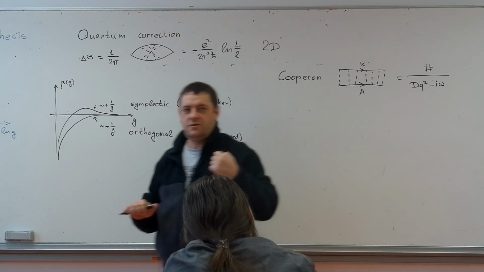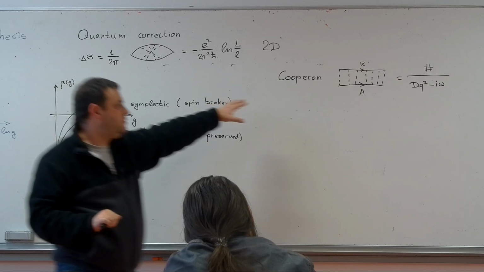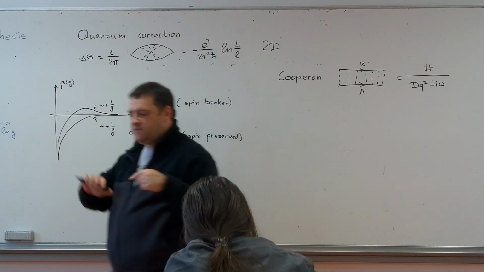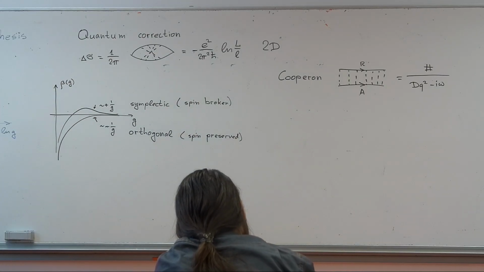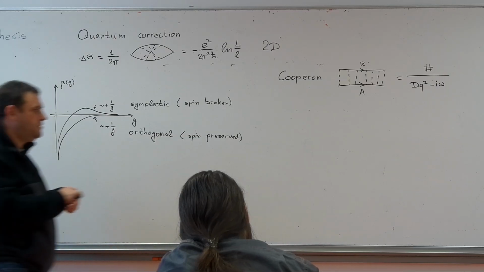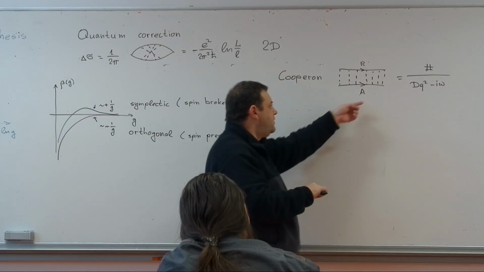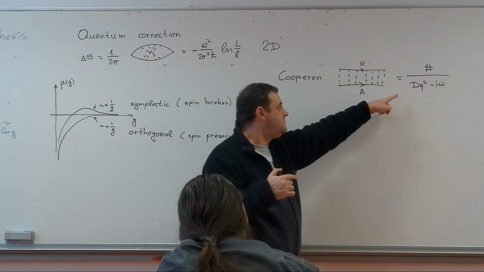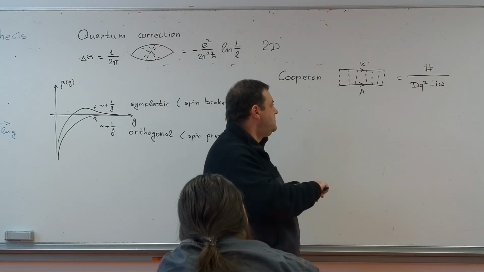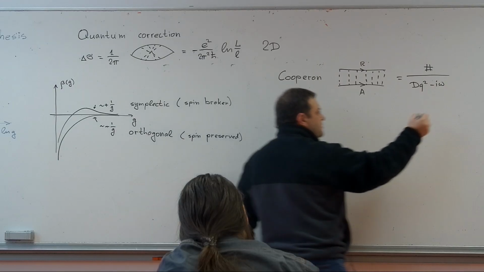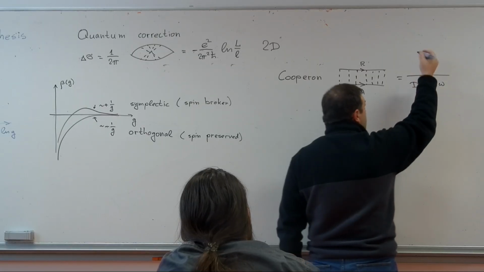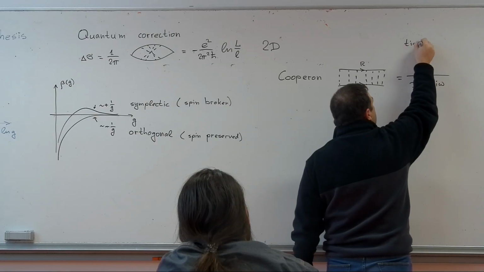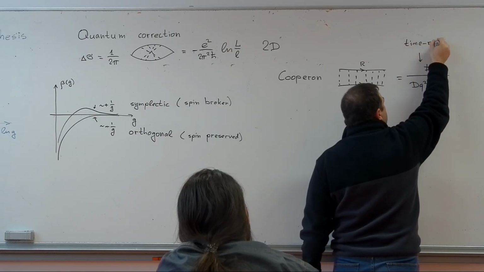Now, the Cooperon is a different object, and since we also have a pole here, it means we have some other conserved quantity. Well, actually, I don't know what this other conserved quantity is, but we have a certain symmetry that leads to the existence of this Dq squared minus i omega, and this symmetry is called time reversal symmetry.